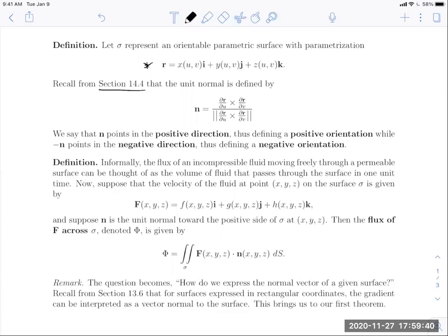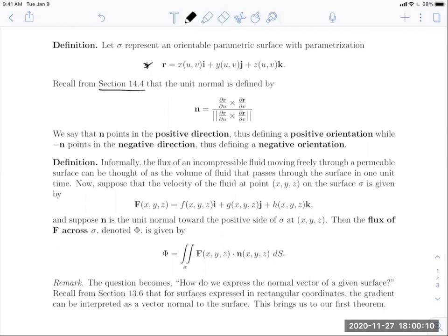And so, that filter is a permeable surface, and typically, we're putting water through the filter, which is an incompressible fluid. If you think of that analogy, what we're computing is how much of that fluid, in this case water that's turning into tea or coffee, can pass through that filter in a given unit of time, whether that be a second or a minute, whatever that might be. So that's what flux is.